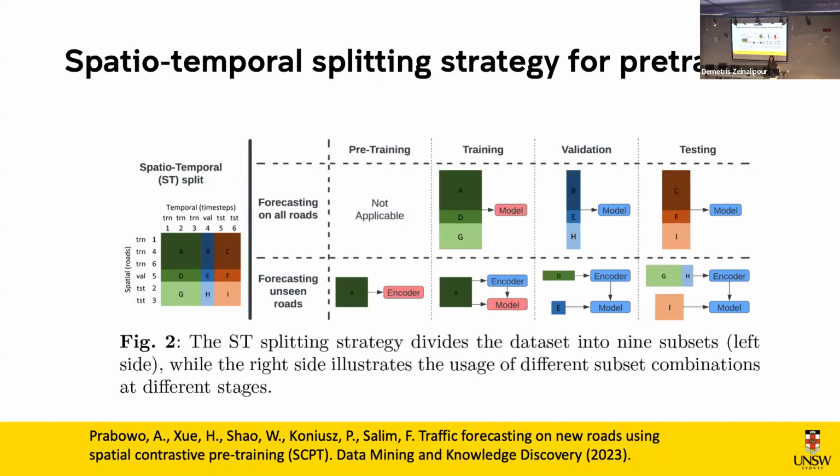But how do you do contrastive learning in this paradigm? For spatial temporal data, what we introduce here is a new spatial temporal split. This splitting strategy is basically looking at how you would split your training data into training, validation, and testing in such a way that we have this here.